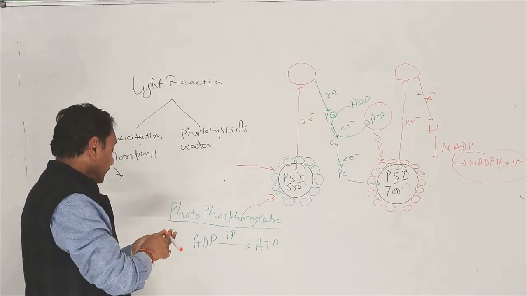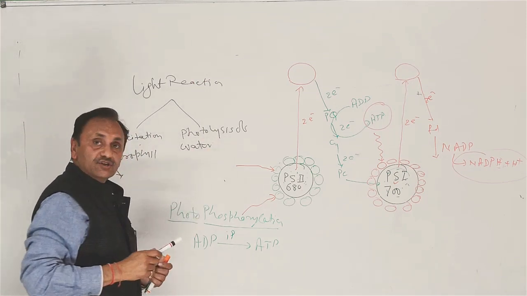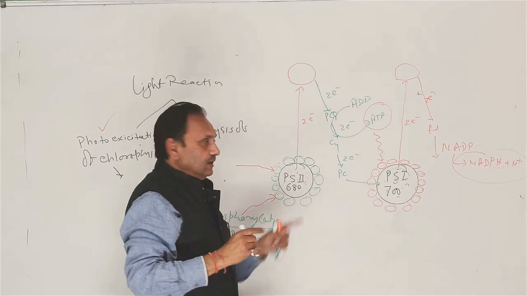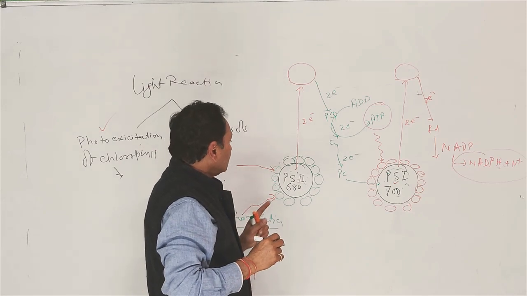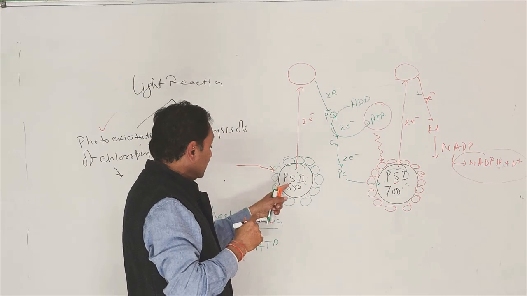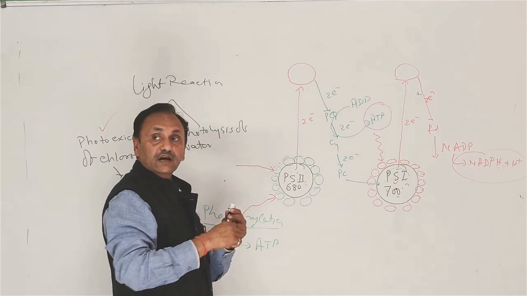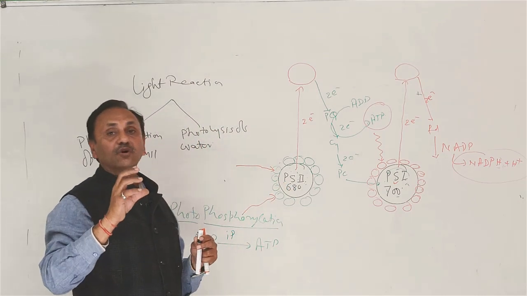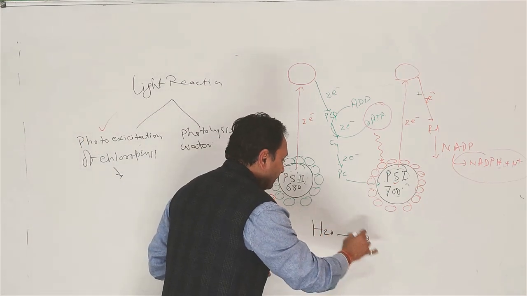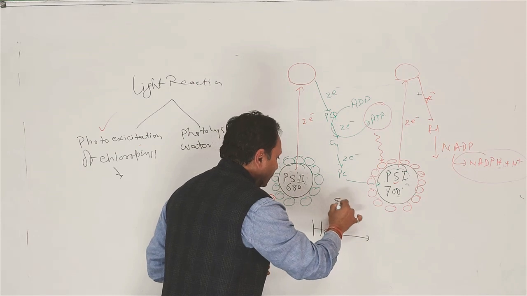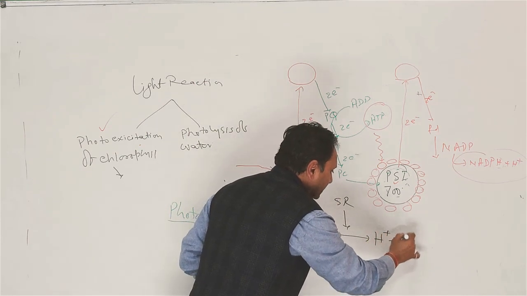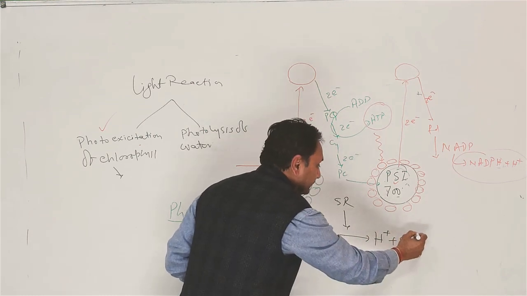Now, what is the function of this photolysis of water? You know that this chlorophyll, after excitation, is not in the ground state. So to convert this excited chlorophyll into ground state, it is very much essential to have electrons. This H2O by solar radiation converts into H positive and OH negative.